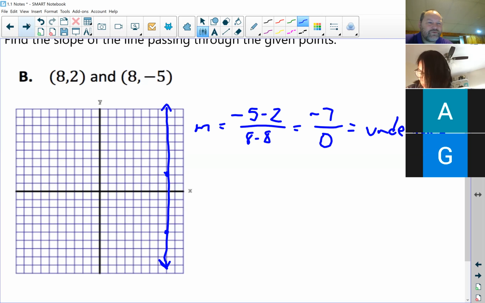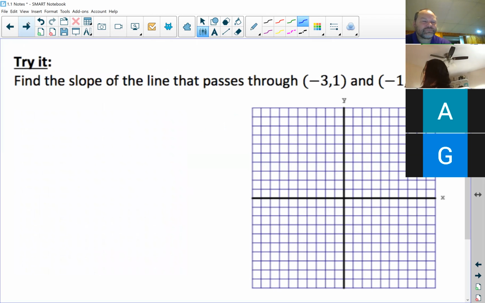I'll give you one to try on your own. Find the slope of the line that passes through the points (-3, 1) and (-1, 1).